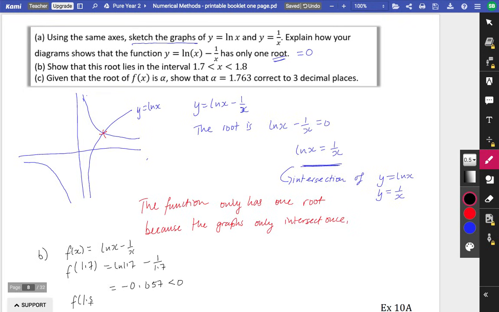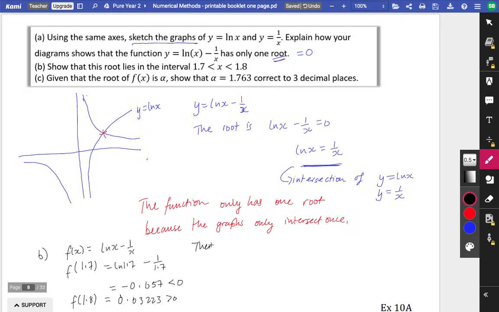And this time I'm not going to show the substitution, I'm just going to go straight in. So I get ln of 1.8 minus 1 over 1.8. We're hoping for a positive now, and it is positive. We have got 0.03223, which is greater than 0. So remember, you need that concluding statement.